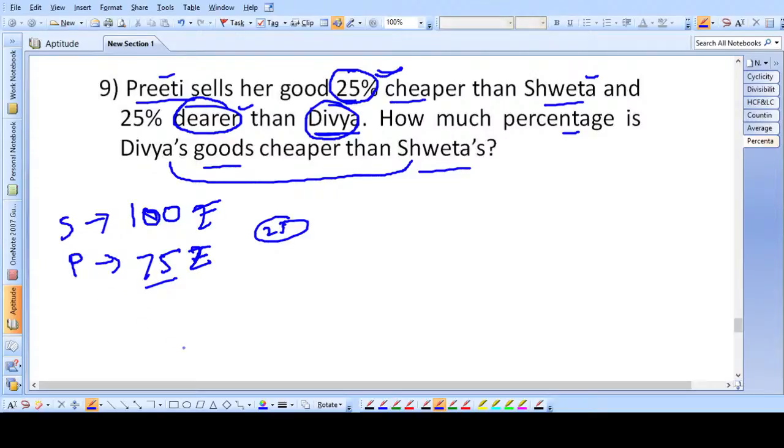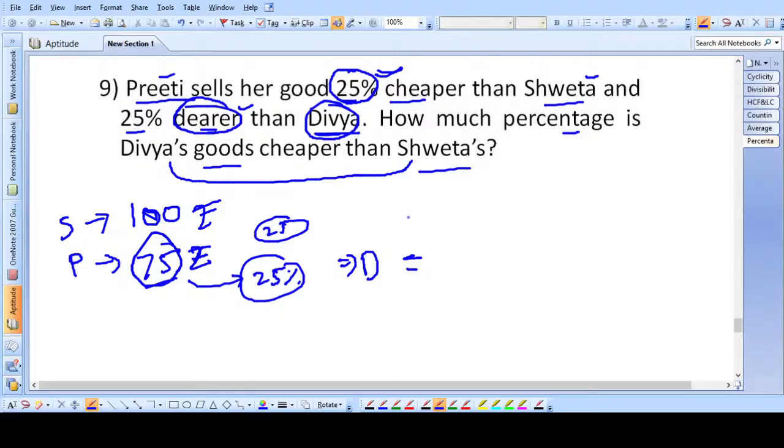Now this 75 rupees is 25% dearer than Divya's. That means Divya's good is costly. So how many times? It's 25% more costly than this.